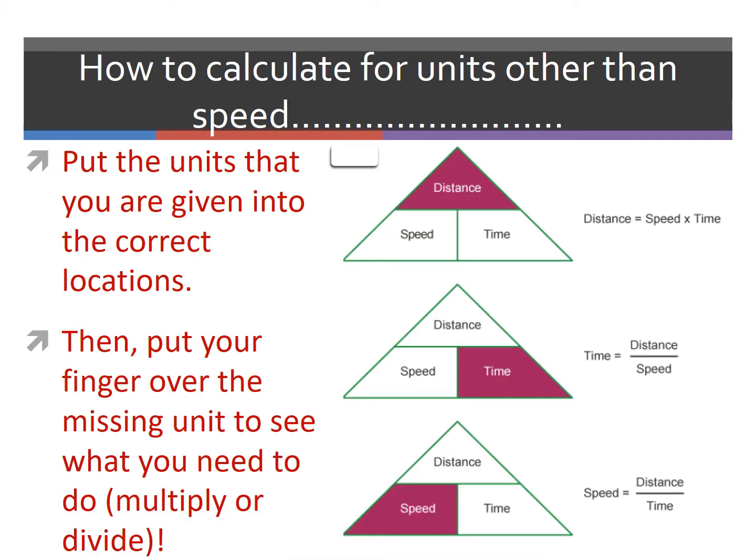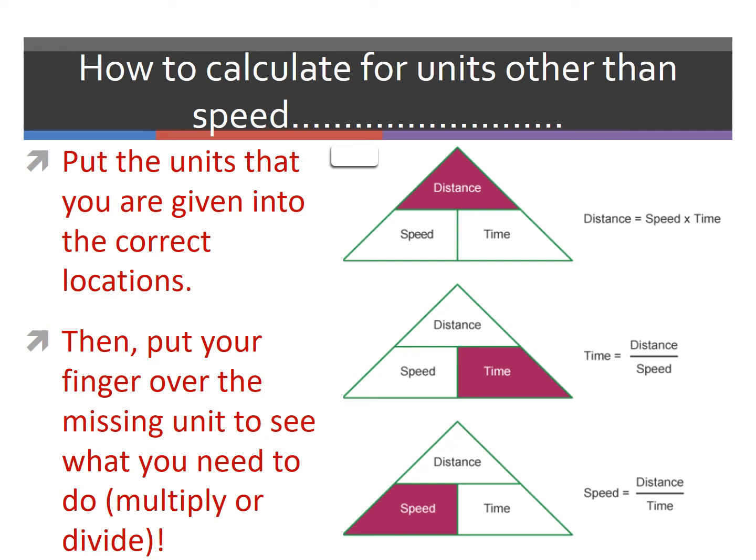Here are some formula triangles where I've highlighted how you would calculate for something other than speed. The one shaded in brick red is the one you're calculating for. Whatever's at the top of the triangle, which is distance, is always divided by whatever's on the bottom.